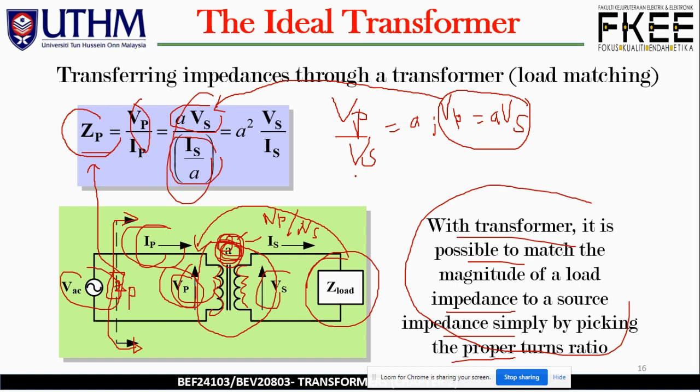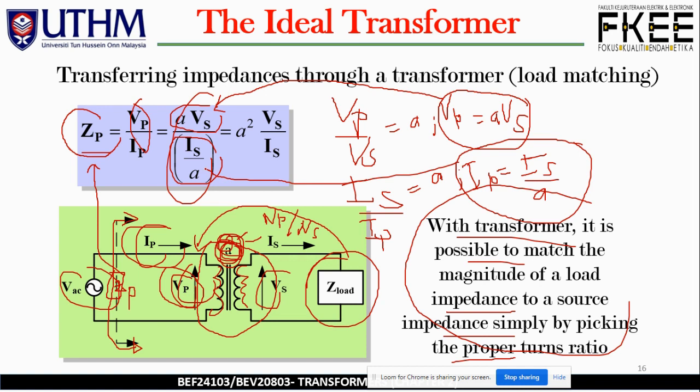We actually have Is over Ip equal to A. Thus, rearranging in terms of Ip, you get Ip equal to Is over A. Substituting this relationship in, and rearranging again, you get that Zp is actually A squared Vs over Is, and thus Zp equal to A squared Z load.